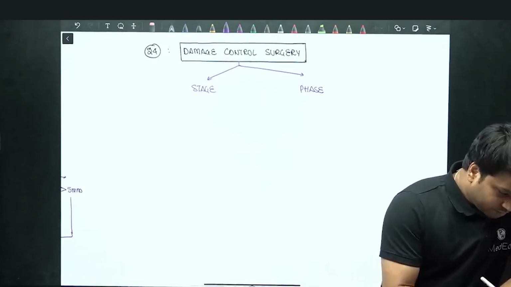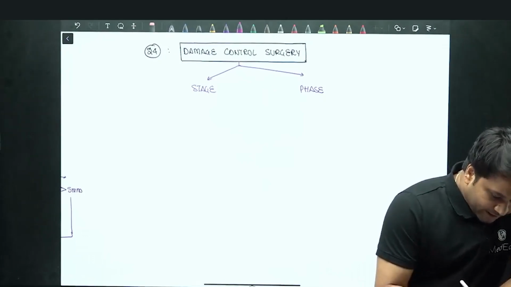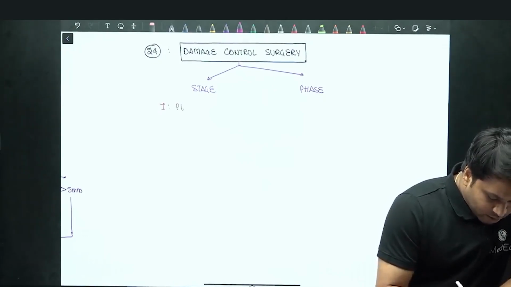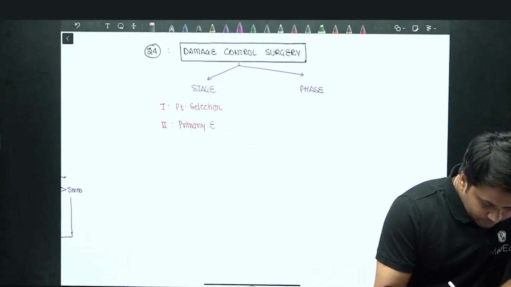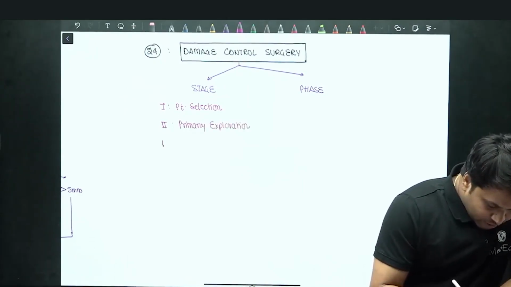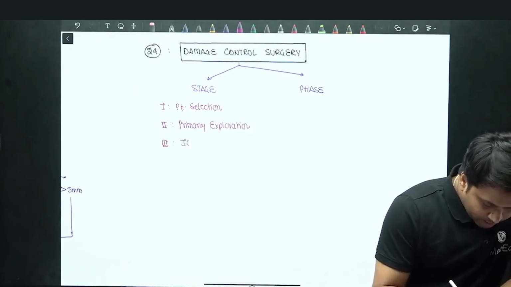Now, in the damage control surgery, stage 1 is your patient selection. Stage 2, it is your primary exploration. Stage 3, it is your ICU care.